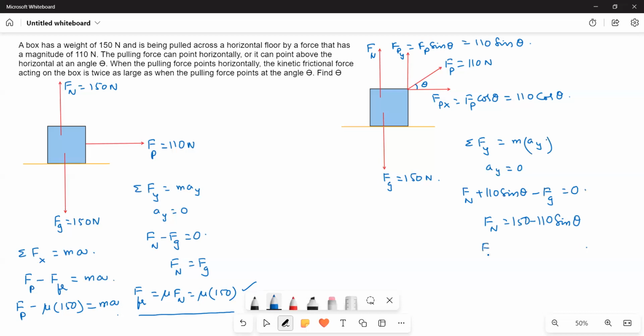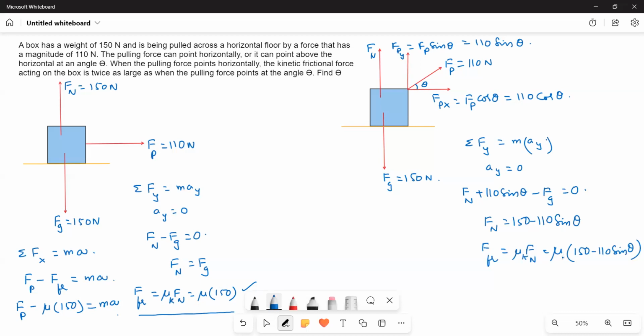And F friction is equal to mu Fn. Therefore, this is equal to mu times 150 minus 110 sin theta. Okay, now this is the horizontal direction, and this is at an angle. Now according to the problem, when the pulling force points horizontally, the kinetic frictional force acting on the box is twice as large as when the pulling force points at an angle theta. So this is at an angle theta. I will write mu k because he is saying the kinetic friction.